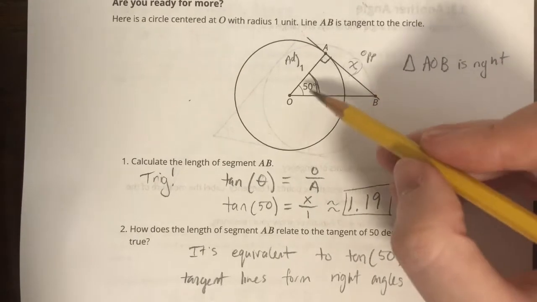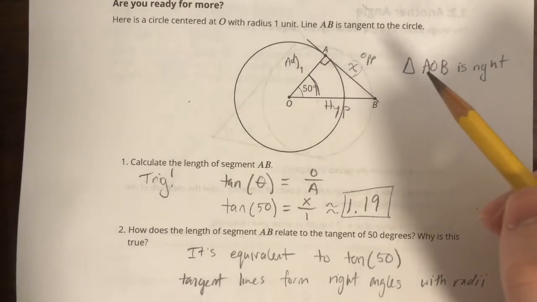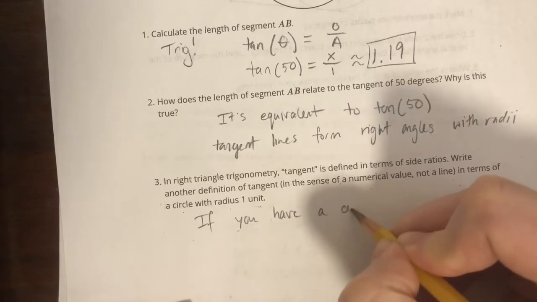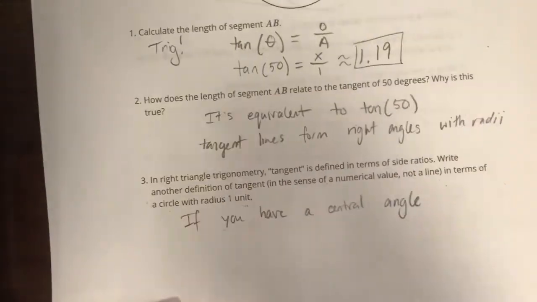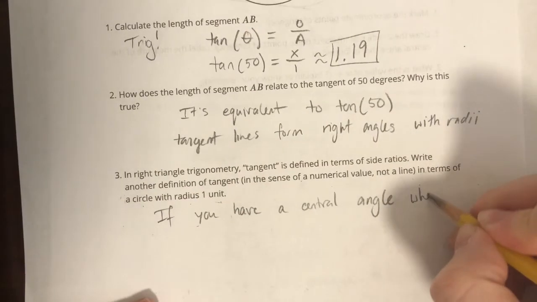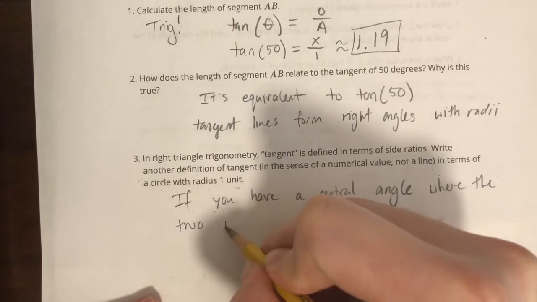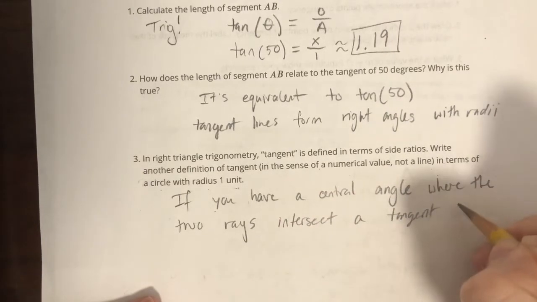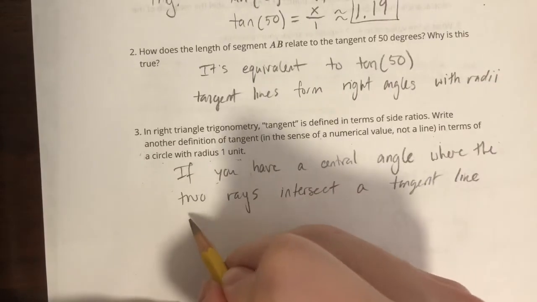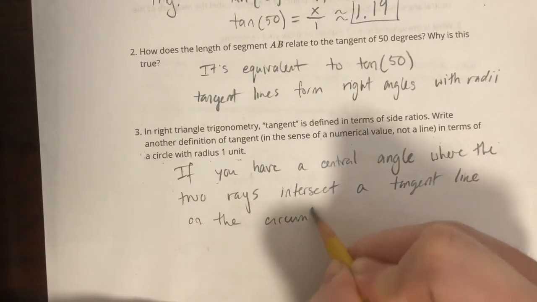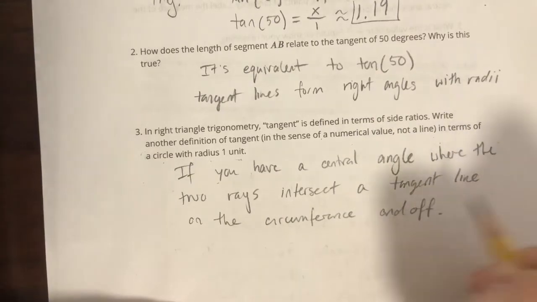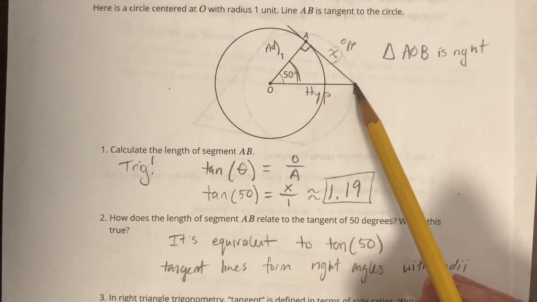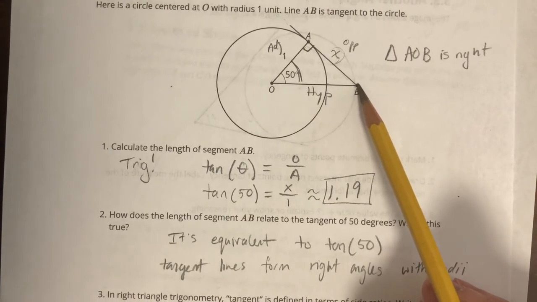So I guess what we could say is, if you have a central angle where the two rays intersect a tangent line, one on the circumference and one off, so what I mean by that is, one ray intersects the tangent line on the circumference, and the other ray intersects the tangent line off the circumference.